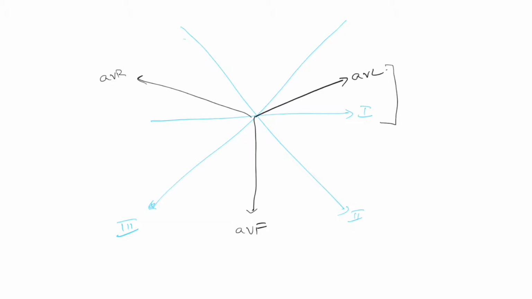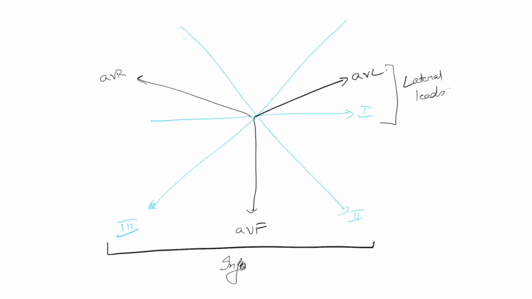So they're both pointing towards the left, and these would be lateral leads. 2, 3, and AVF are best looking top down, and these would be the inferior leads. Notice how AVR is all by itself, and you can pretty much call it anything you want.